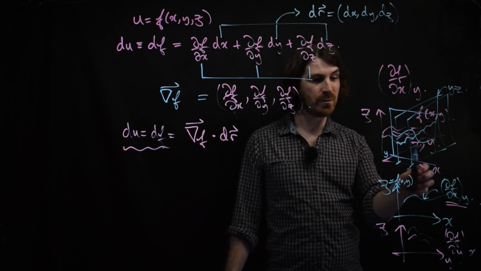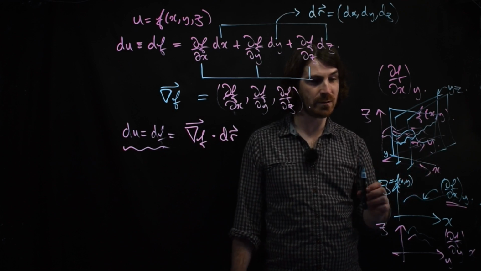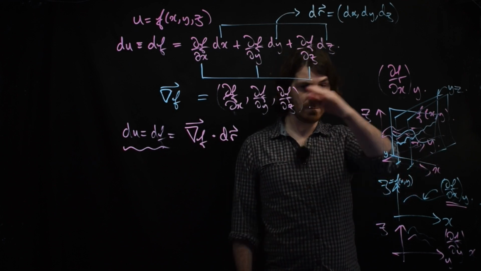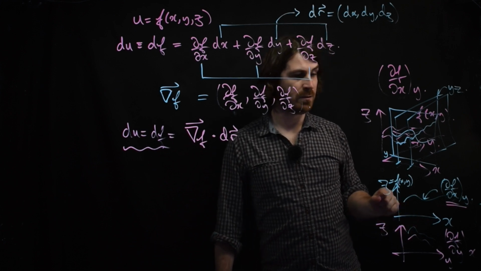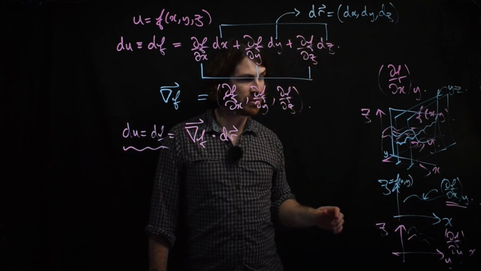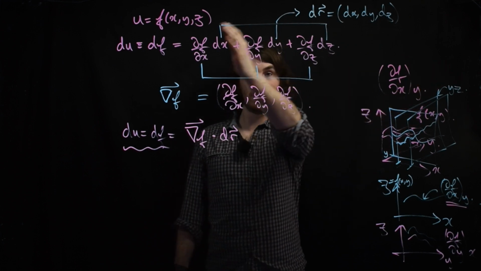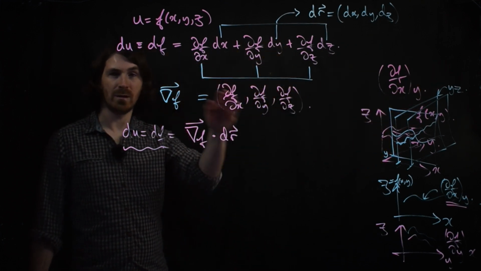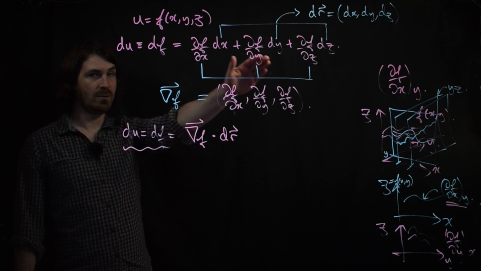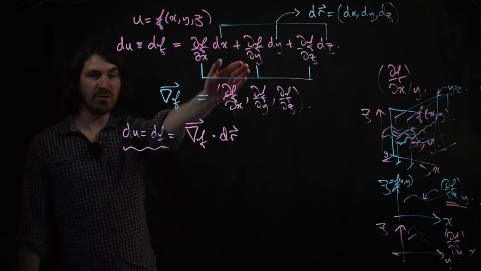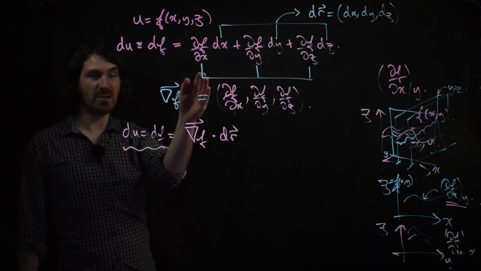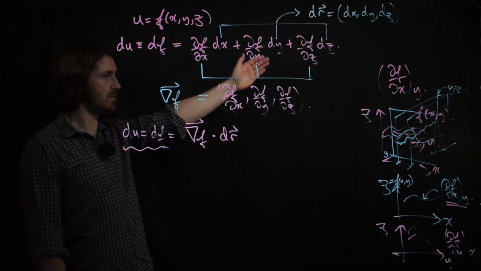The height of the mountain will depend on the x and y coordinates, and the mountain will be rugged. You may ask yourself, how does the height of the mountain change as I look around? So you're standing on the mountain and you look around. How does this function change if I look in a certain direction?